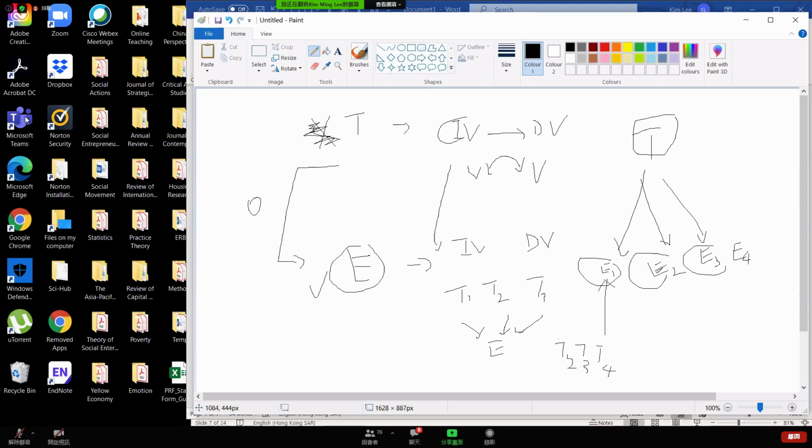But for empirical statement 2, T2 also implies E2. T3 also implies empirical statement 2. But T4 doesn't. T4 implies E2 as false. But we find out that E2 is true. Then that means we can eliminate T4. There are only two competitors, two alternative theories, competing with our theory T.